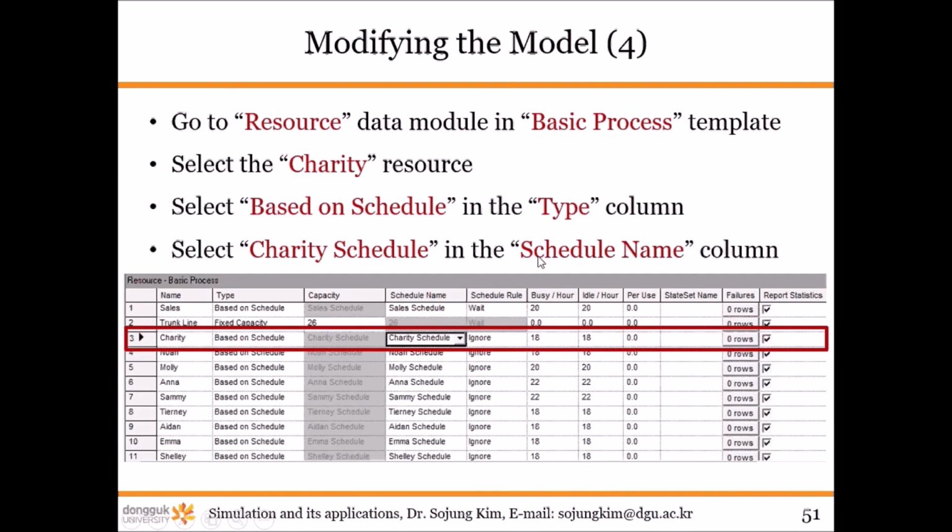And then, in order to use the resource schedule, you go to the resource data module in the basic process template, select the Charity or NOAA or Molly schedule, and then select the appropriate schedule in the schedule data module. In this example, we will use the ignore rule for the schedule.